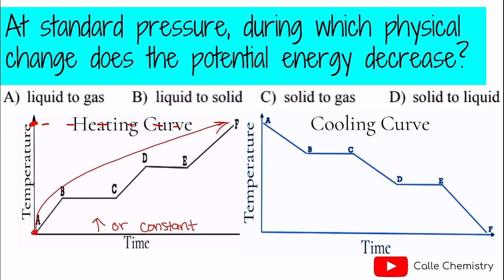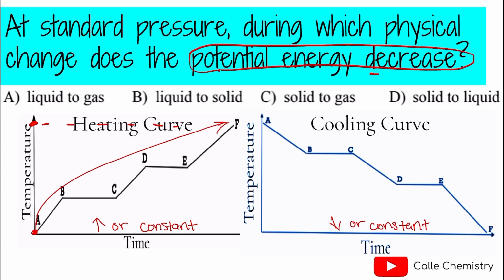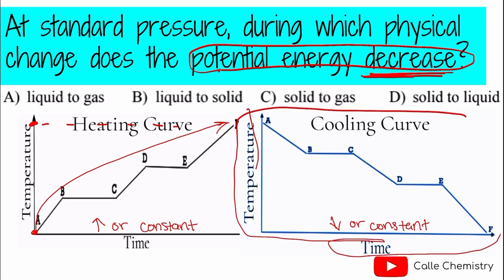In a cooling curve, it's either decreasing or constant. Since the question is asking us for the potential energy decreasing, that is our key word here to tell us that we are talking about a cooling curve.